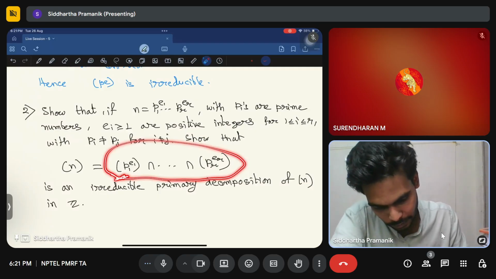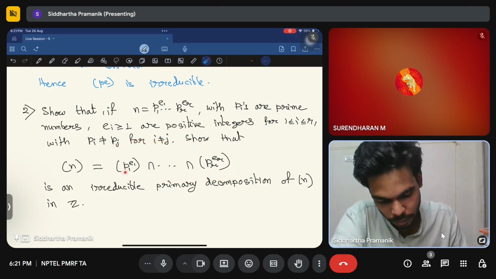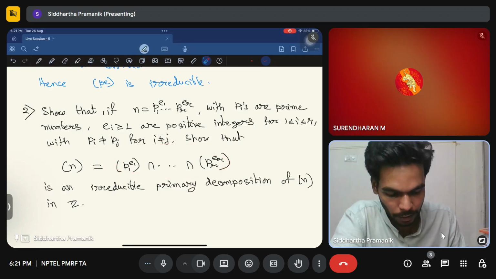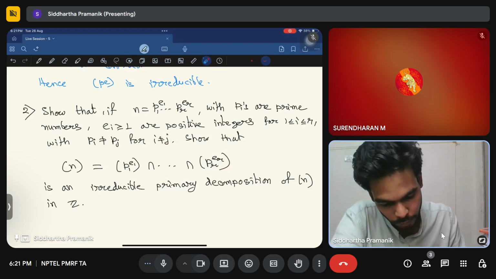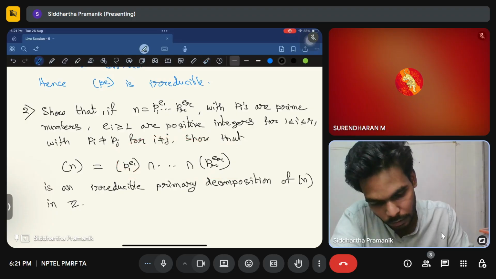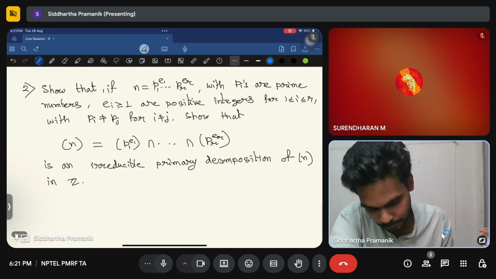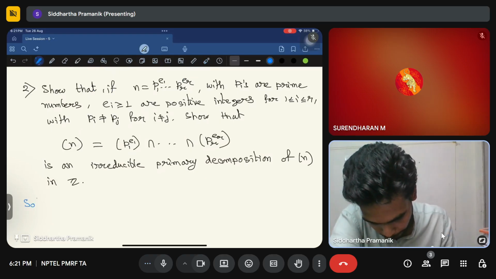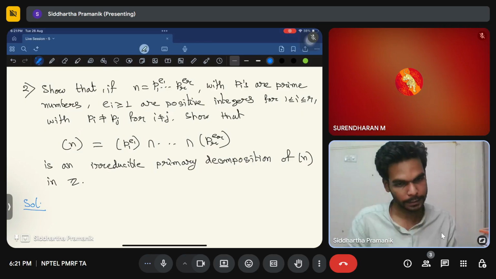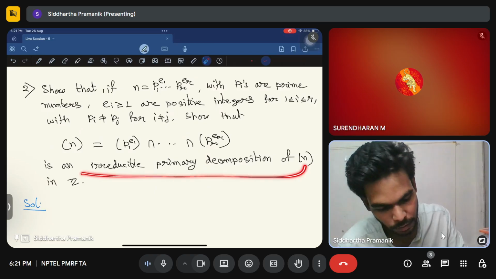Since p1 up to pr are already distinct primes, these ideals p1^e1 up to pr^er are all distinct ideals. So what do we have to prove in this case? We need to prove it is an irreducible primary decomposition.